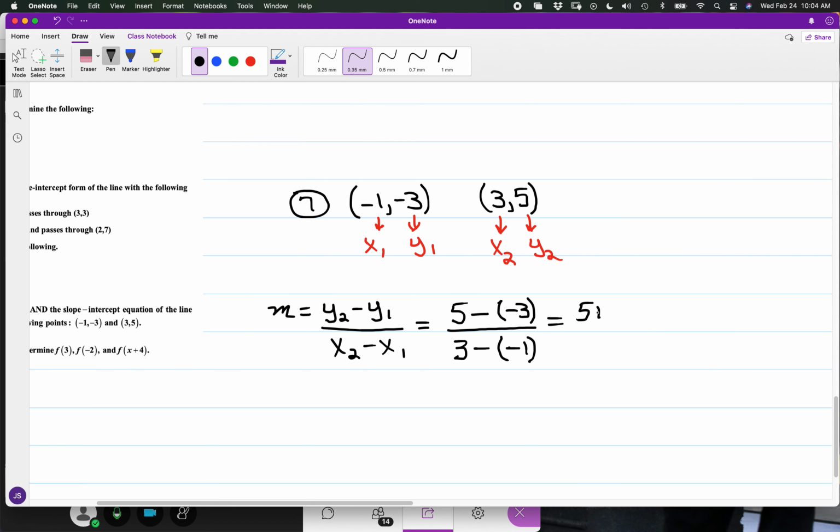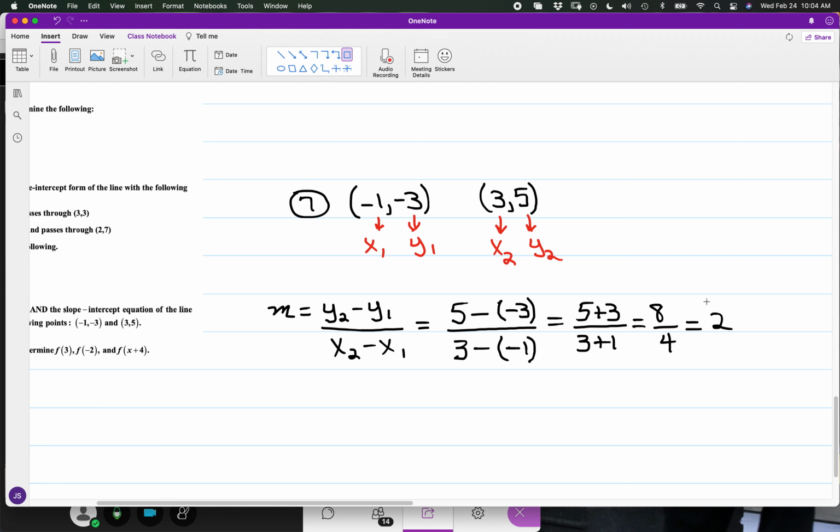And we have 5 minus -3, so this will be 5 plus 3. For 3 minus -1, we have 3 plus 1. And so we have 8 over 4, and that reduces to 2. So the value of the slope comes out to 2.